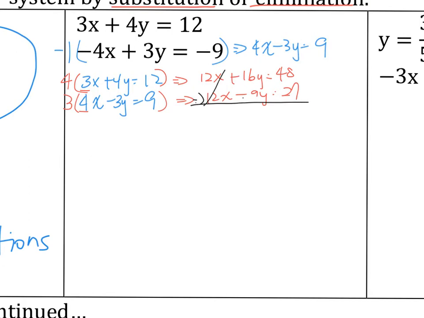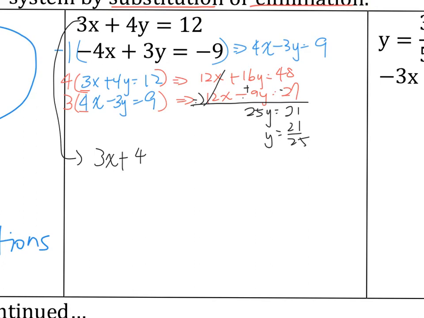Negative negative makes positive, so this is 25y. 48 minus 27 gives me 21, so y equals 21 over 25. And now I'm going to use the first equation to solve for x by substituting in 21 over 25 for y.